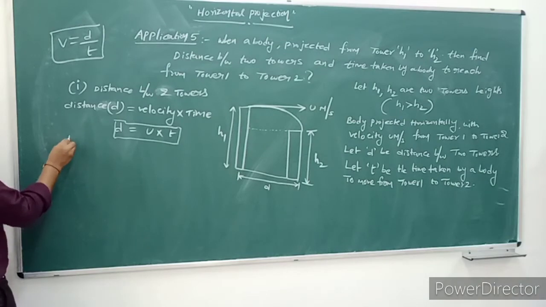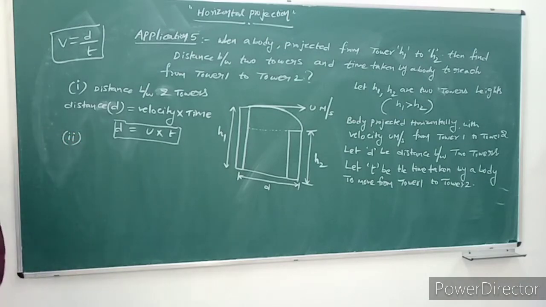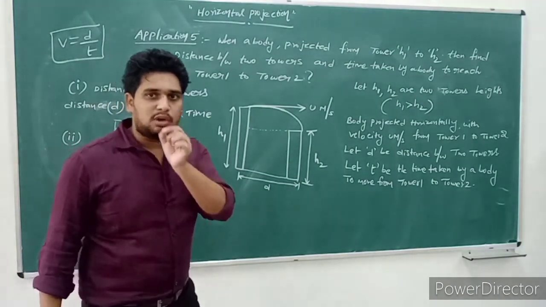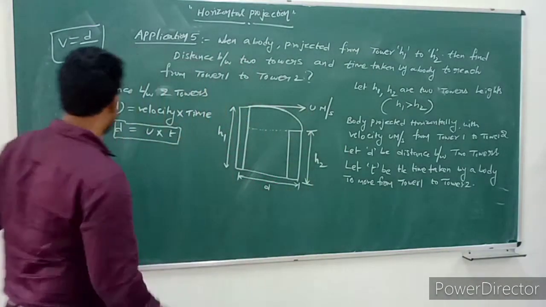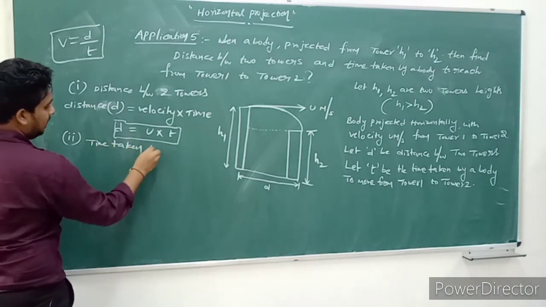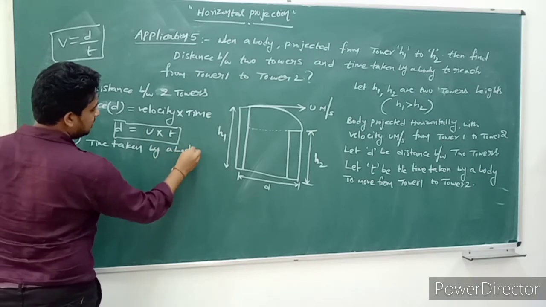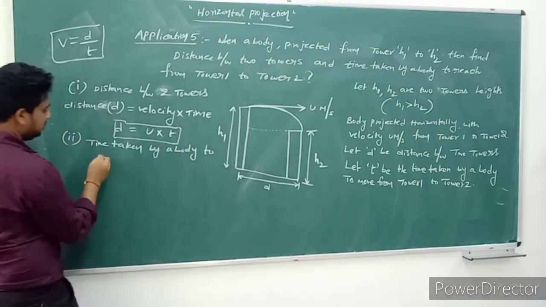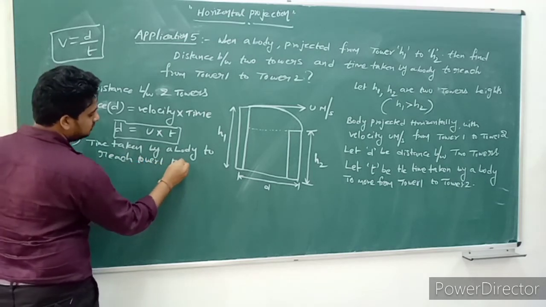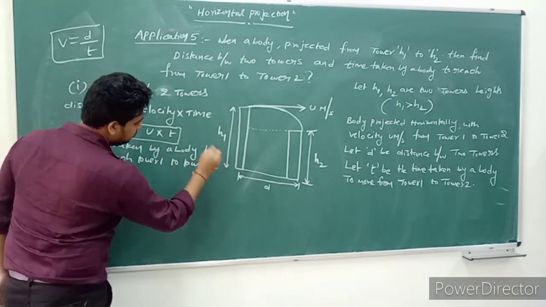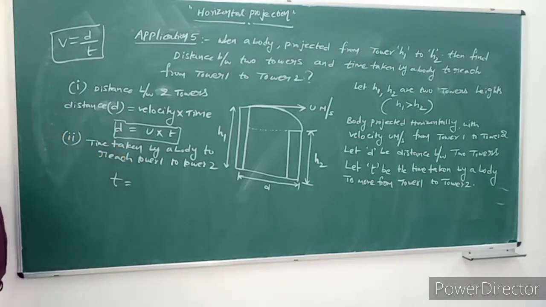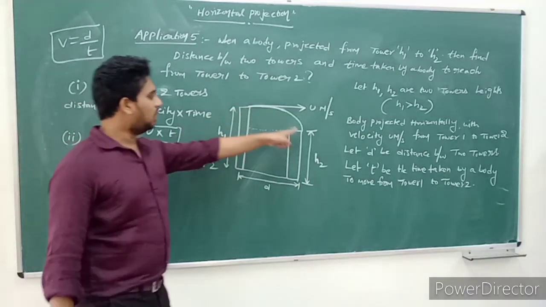Next, second one. What do we need to find second? The time taken by the body to reach from tower 1 to tower 2. So t is equal to, generally what is this one?